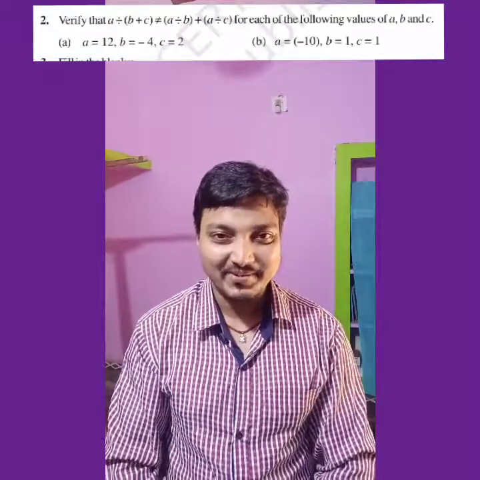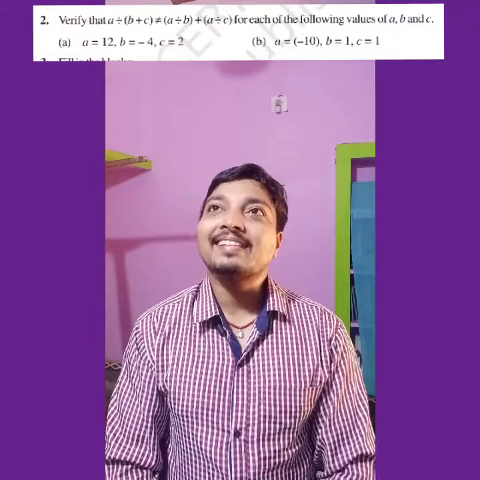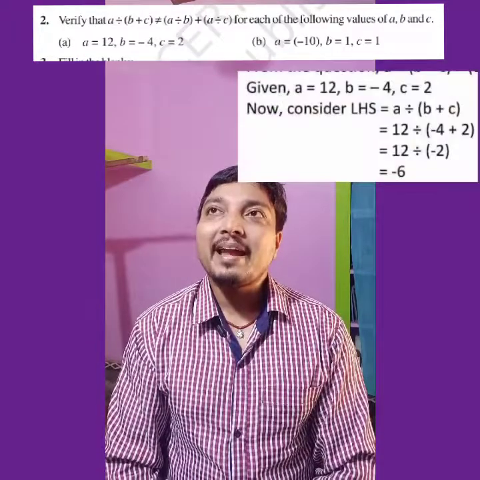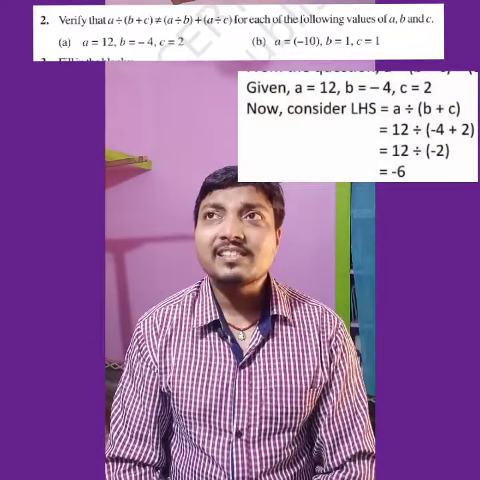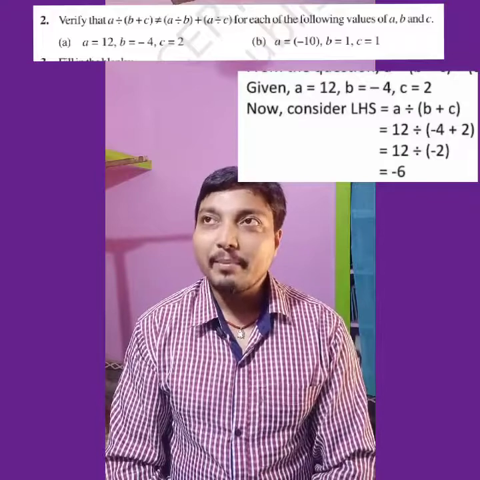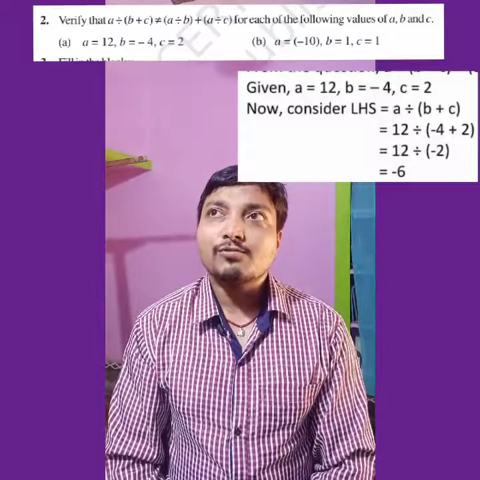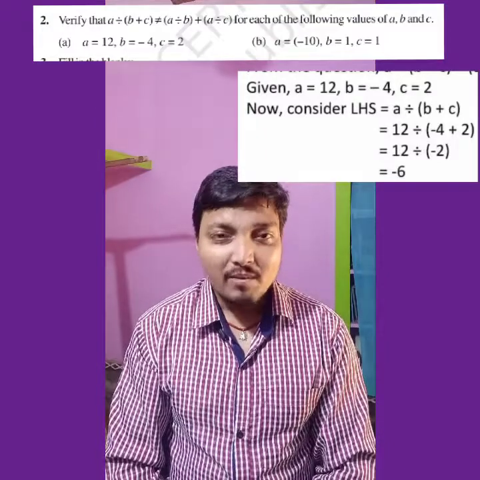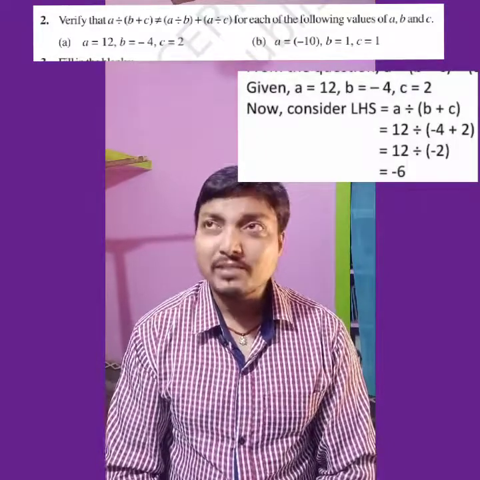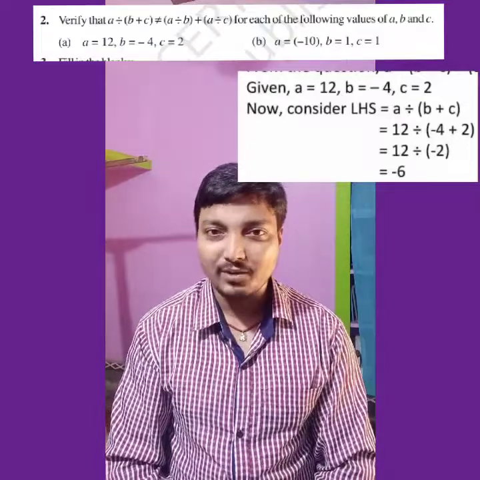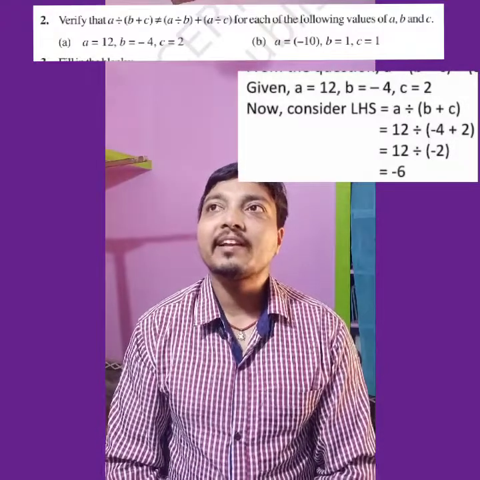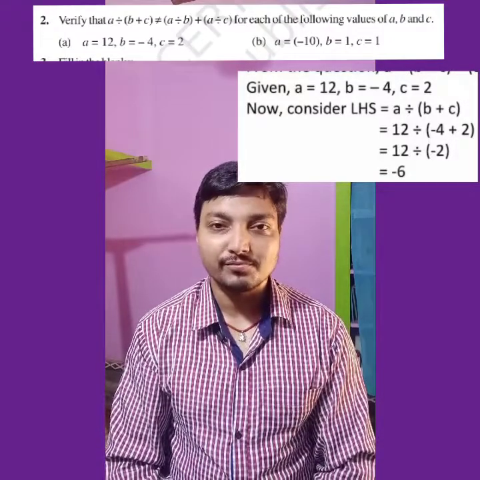In the LHS, a divided by (b plus c) means 12 divided by (-4 plus 2). As you know, we have to solve according to the BODMAS rule. BODMAS means first we solve the bracket. Within the bracket, it is -4 plus 2.